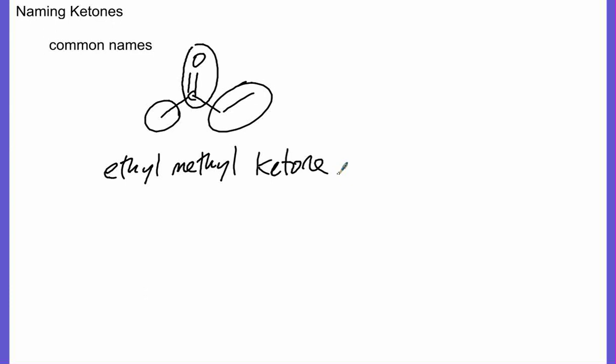When you named an ether, that might have been an ethyl methyl ether, right? It would have looked something like this, right? So all I'm saying is that instead of having an oxygen here, I have a carbonyl group. So there's a carbon there with a double bond to oxygen, but otherwise it's basically the same thing. So that one's going to be called ethyl methyl ketone.